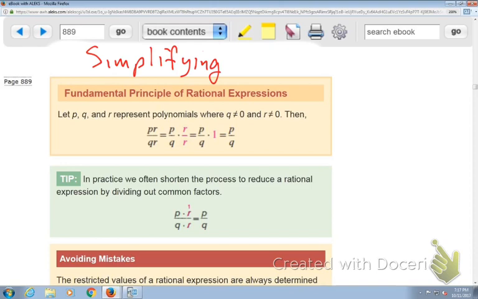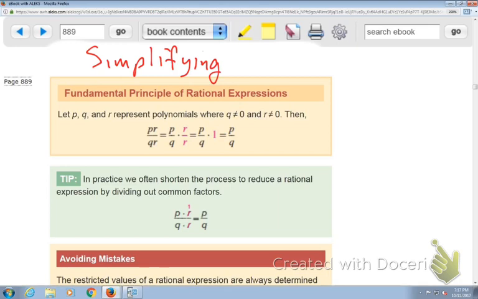So we're talking about simplifying rational expressions. Our fundamental principle here is if I have a rational expression PR over QR, then do we have a factor in common? R. Yeah, and R divided by R would just be 1.